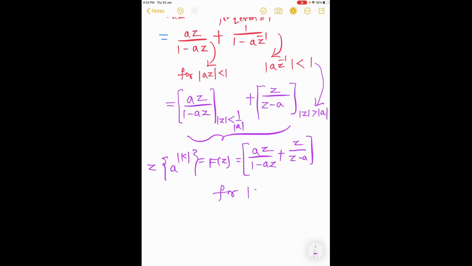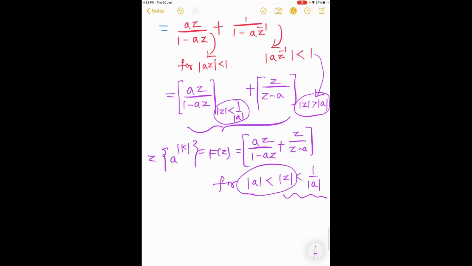So it can be written as mod a less than mod z less than 1 upon mod a. Is this correct? So this one has come, and this one has come. Correct? The answer is F(z) equal to az upon 1 minus az plus z upon z minus a. Any difficulty?